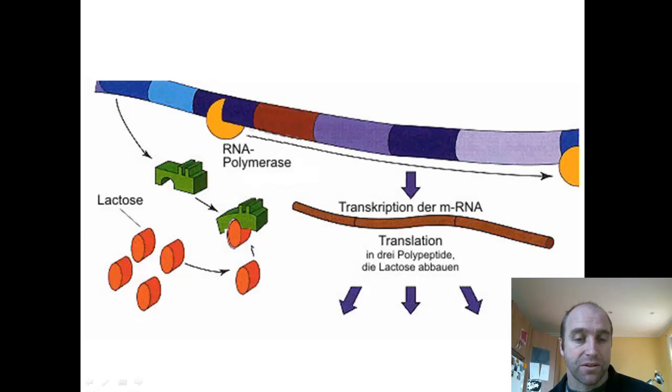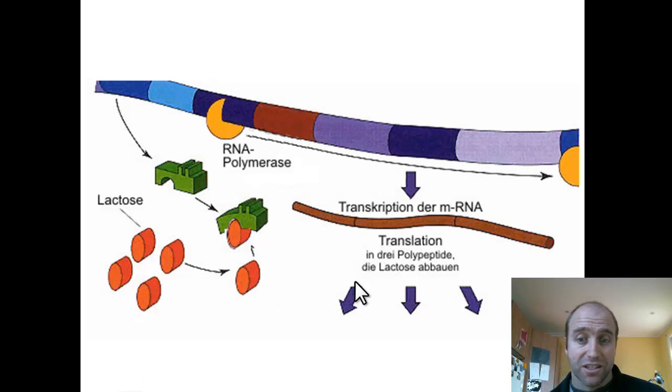Now what happens is when lactose is present, it fits into this repressor protein, changing the shape of it so it doesn't fit in the operator gene and doesn't block the production of the lactose genes. So what can happen now is that RNA polymerase can run down the DNA strand, producing the enzymes that will break down lactose.